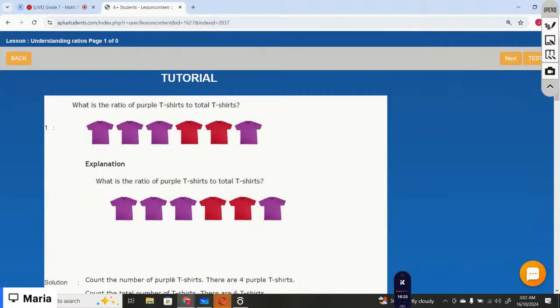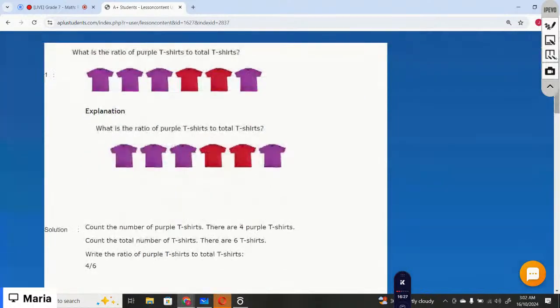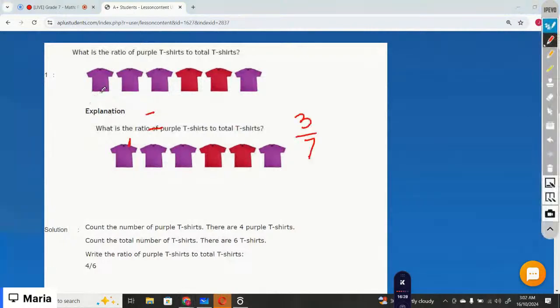So you have to count the purple t-shirts and total t-shirts, right? Total t-shirts are 6 and purple t-shirts are 4. So the ratio between purple t-shirts to red t-shirts is 4 to 2. The purple t-shirts to total t-shirts is 4 to 6. The correct option is 4 ratio 6.